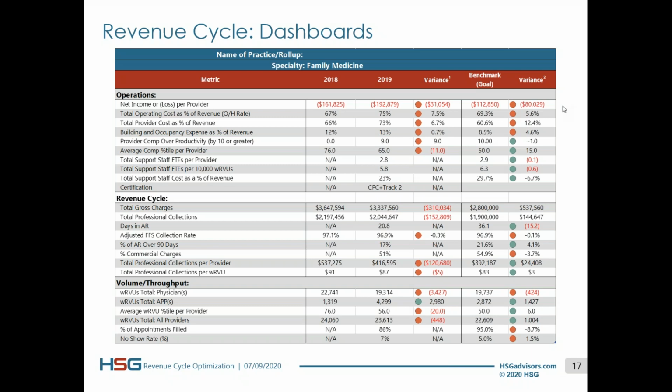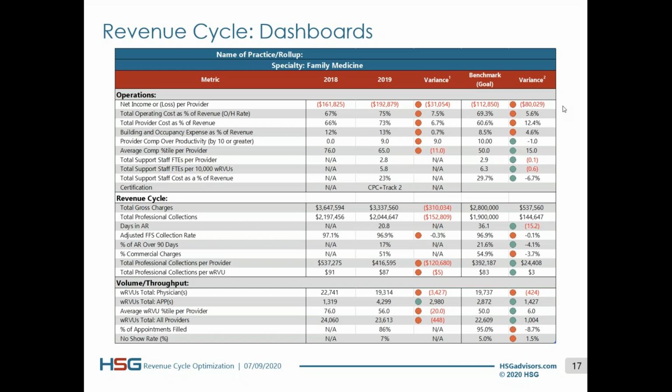But the revenue cycle and the volume and throughput metrics, you would want to look at month to month and show the trends, as well as year to date, compared to perhaps an internal benchmark.